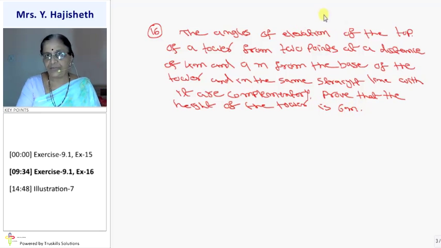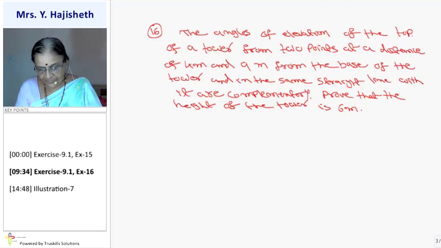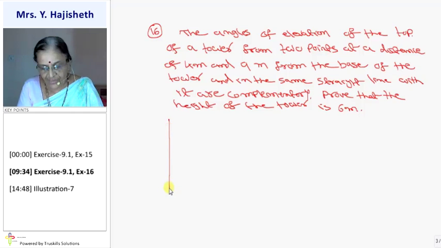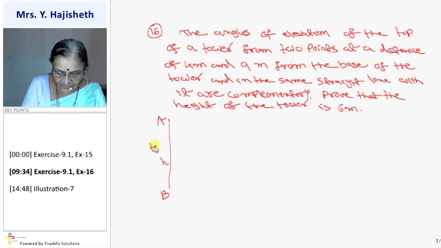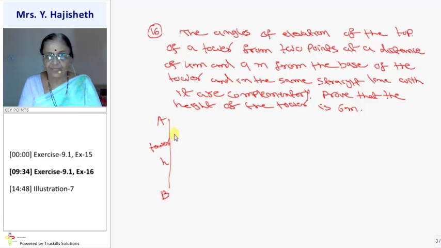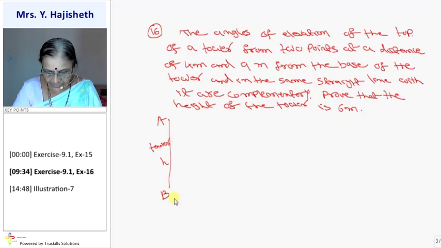You are given a tower. Suppose tower is AB, okay? And it is with height H. Now there are 2 points.